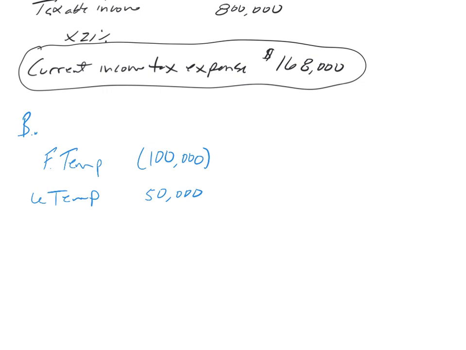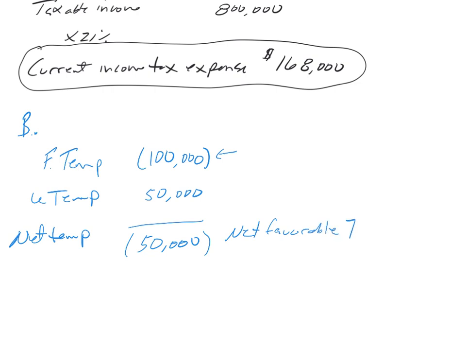So what does that give us? That gives us a net temporary difference of $50,000, but we have to pay attention. Because our favorable differences were larger than our unfavorable differences, our net temporary difference is a net favorable temporary difference.